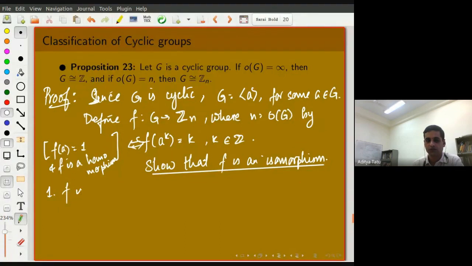So, first thing is to show that f is bijective. How will you show that f is bijective? Do you think this is easy?